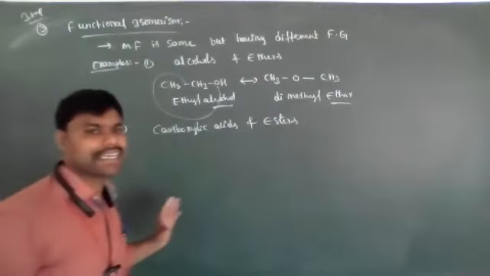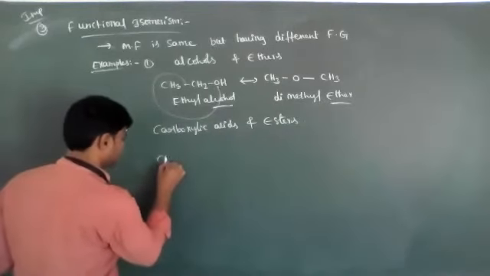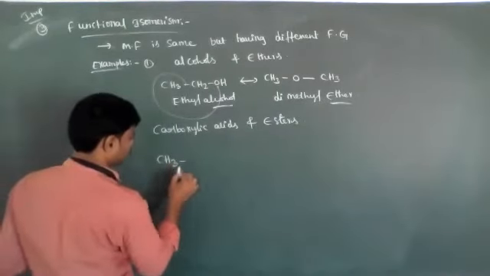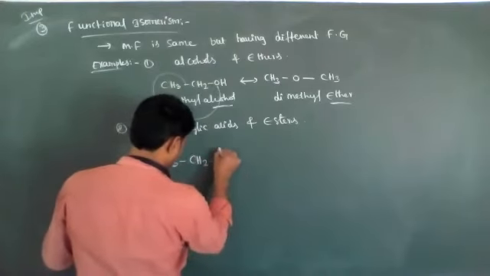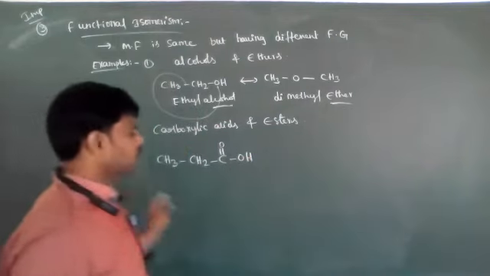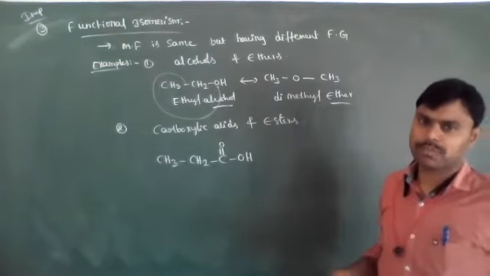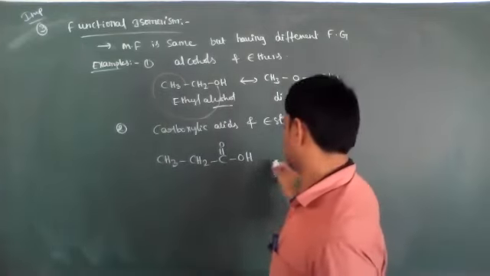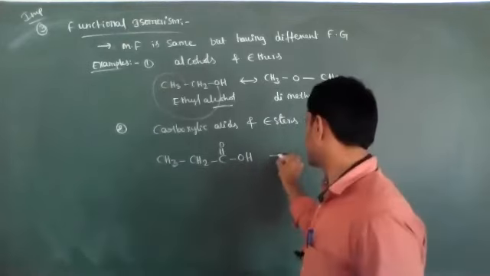Carboxylic acids means the COOH functional group is required. CH3-CH2-C(=O)OH means propionic acid. This is a 3 carbon carboxylic acid.